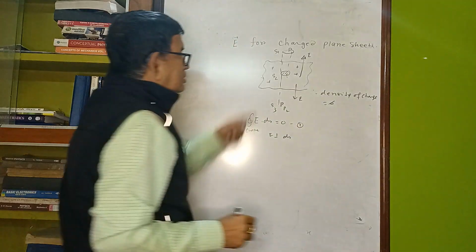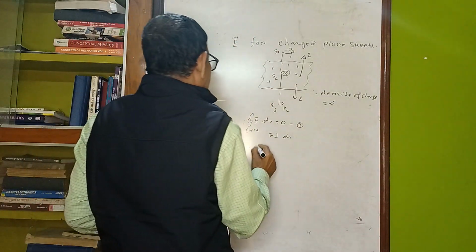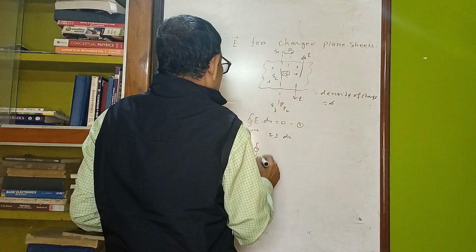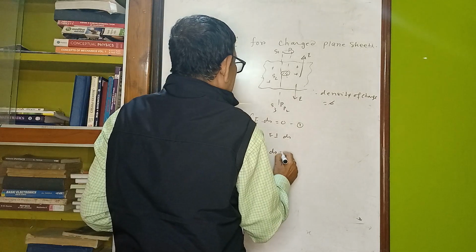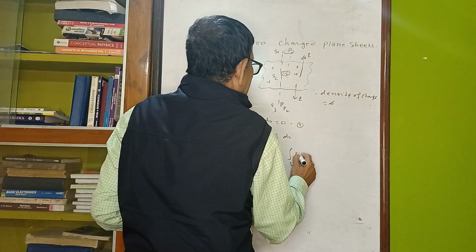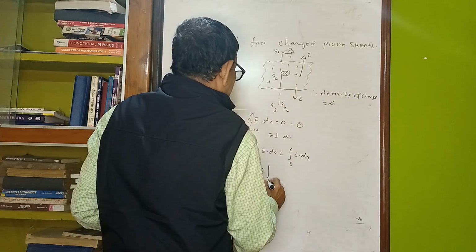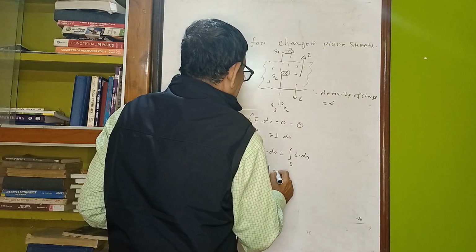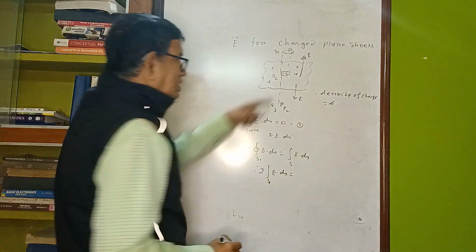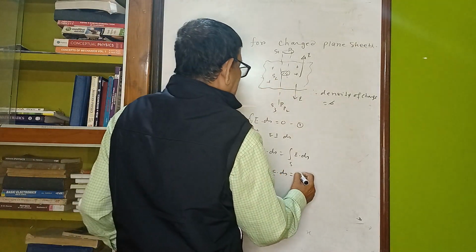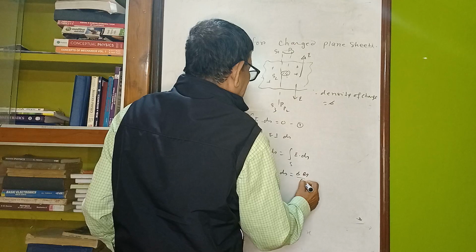Clear? Now top and bottom we have the same, integral over S1 of E dot ds equals integral over S2 of E dot ds. So we have 2 times integral over S1 of E dot ds equal to the total charge enclosed by the cylinder, sigma ds by epsilon naught.